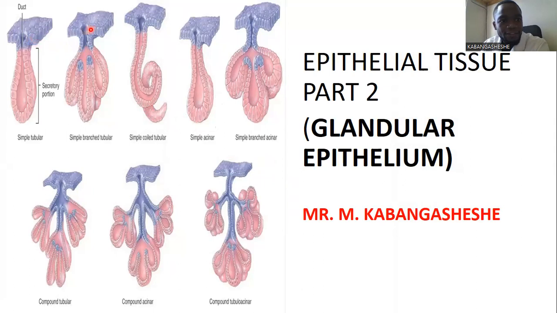You can see here, these are epithelial cells, well arranged and tightly held together by intercellular junctions. Then the epithelium invaginates to form ducts and secretory portions.